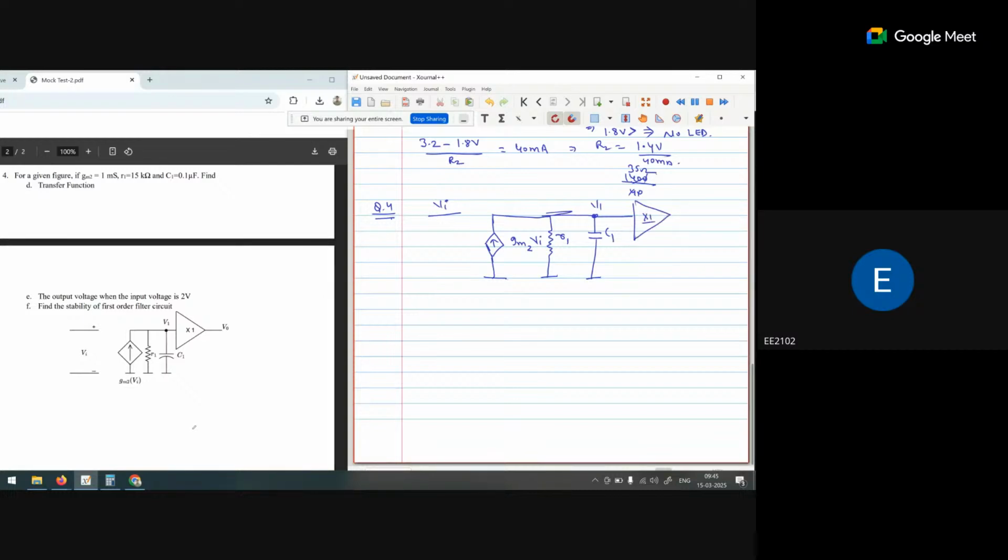If we multiply V1 with 1, we get V0. So what is the relation between V1 and V0? V1 multiplied by 1 will give us V0.